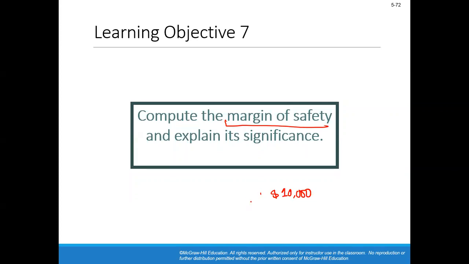Now, is your target sales to achieve this amount, or do you expect your sales amount to be bigger, exceeding the $10,000? What do you expect?